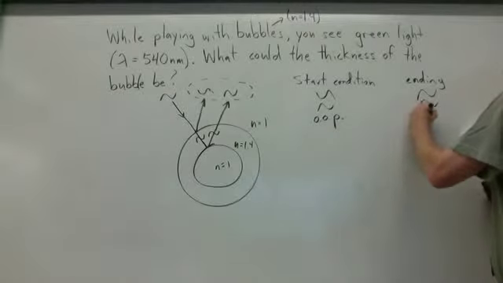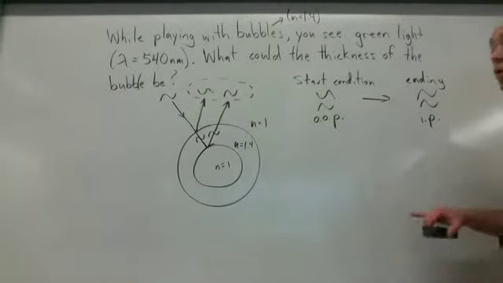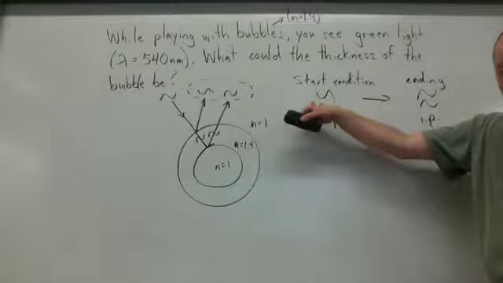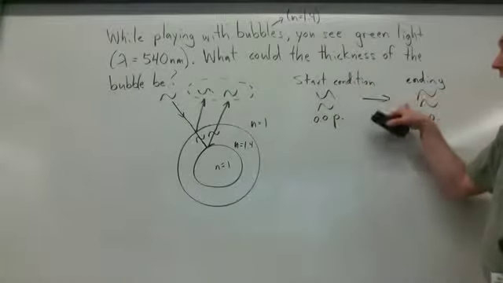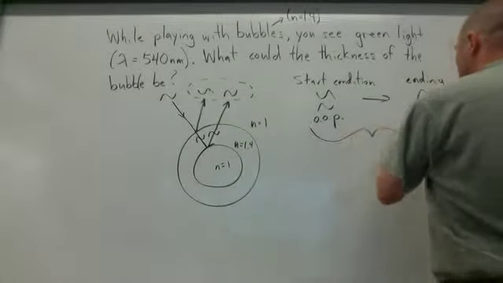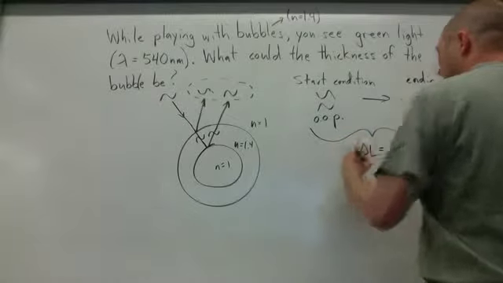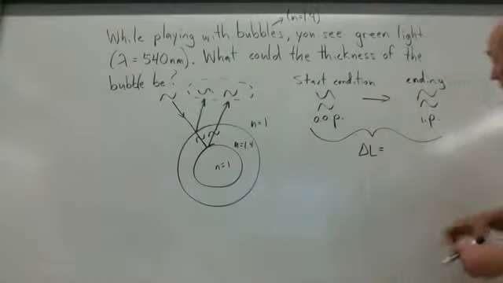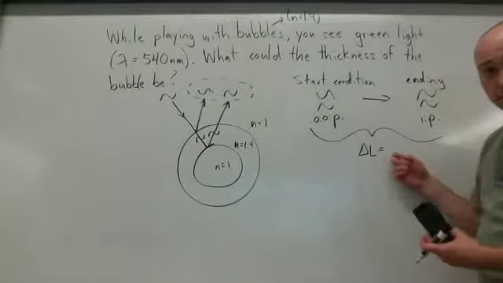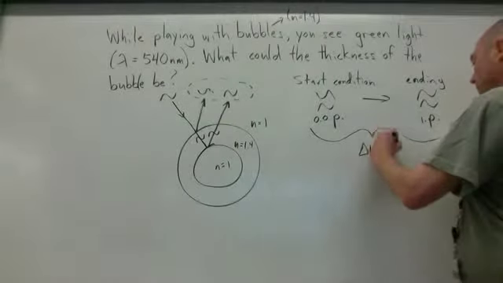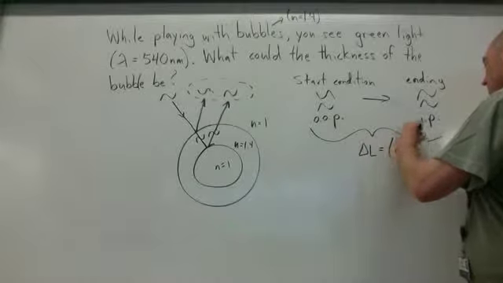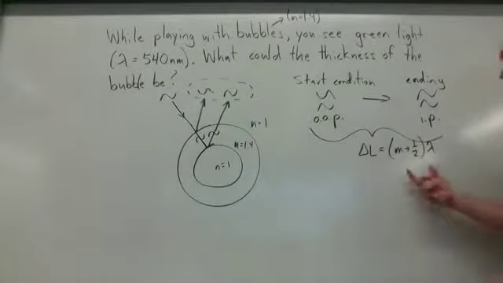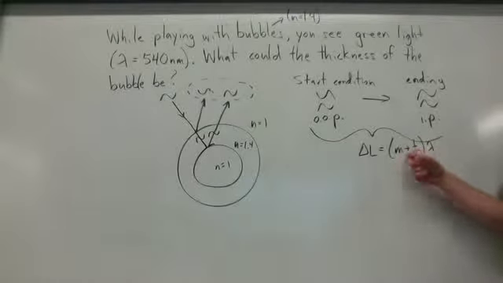So if I am going from out of phase to in phase, that means my path difference has to be off by a half a wavelength. So I could set it up like this, where this could be 0, 1, 2, whatever.